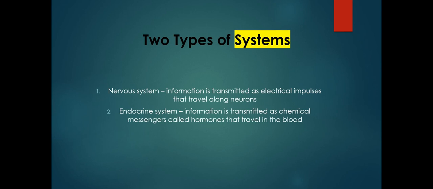So remember that the nervous system consists of nerves and the central nervous system, which is the brain and the spinal cord, and the impulses are transferred electrically. And our endocrine system is a hormonal system, which consists of the ureter, the bladder, the kidneys, the pancreas, and all those hormonal organs. And it travels as chemicals in our body.